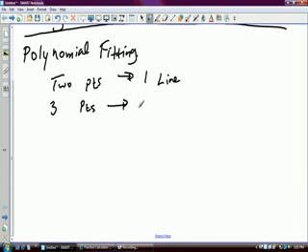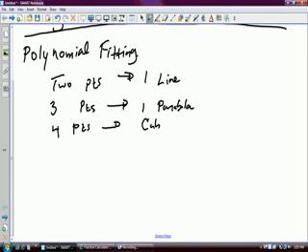You should have learned in pre-calculus or algebra 2 that you can get one parabola, and so on and so forth. If you get 4 points, then you can create a cubic function. And really, the idea is that if you're given n points, then you can create an n minus 1 degree polynomial.